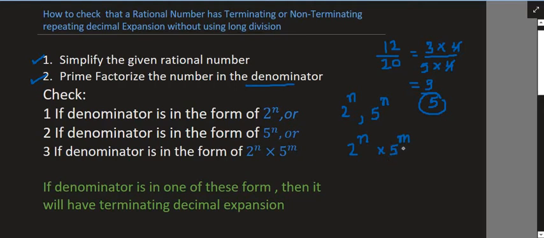They can have different powers, they can have the same powers. If the denominator is in any of these three forms, then and only then it will have terminating decimal expansion. Now we will start with the question.